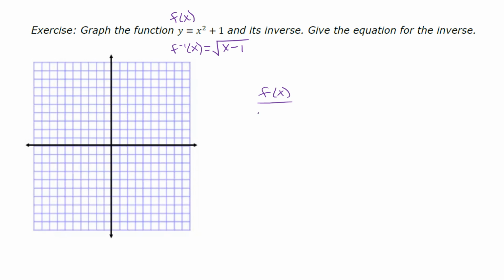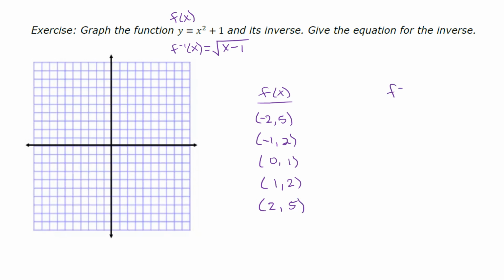I'm just going to substitute in some values, and that will then give me a y, which will then give me my ordered pair. So if I plug in -2, I'll get 5. If I plug in -1, I'll get 2. If I plug in 0, I'll get 1. If I plug in 1, I'll get 2. And if I plug in 2, I'll get 5. We'll just stop right there.